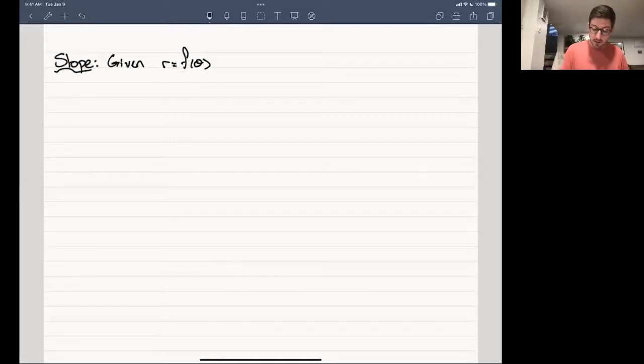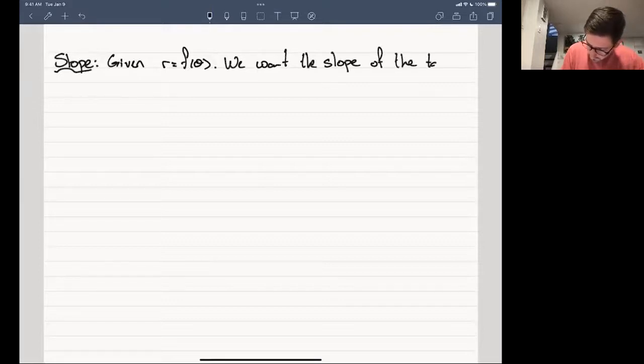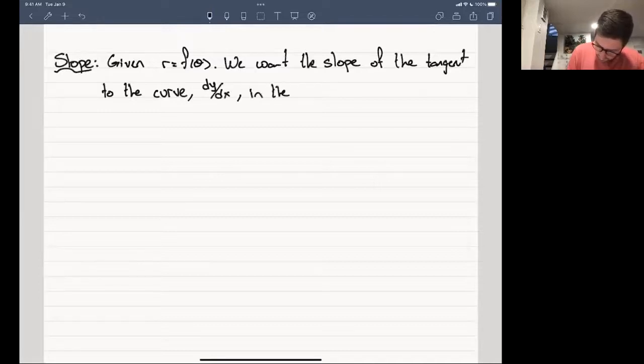You can think of this as r is equal to f of t and theta is just equal to t. That's the same idea. And we want the slope of the tangent to the curve, dy dx, in the Cartesian plane.